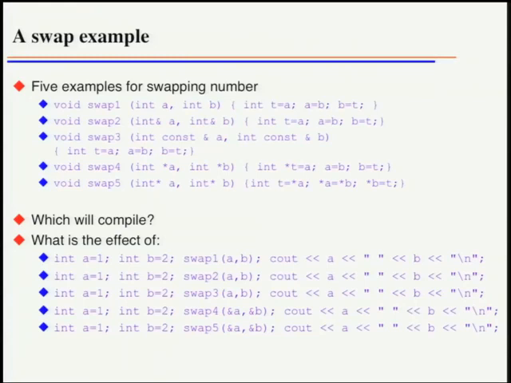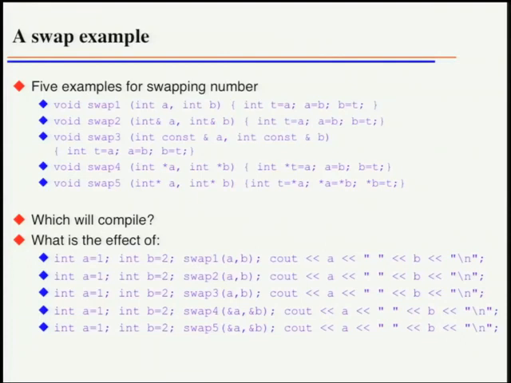Yeah, it will be swapped because we passed it by reference. Exactly. So we pass it by reference, so we could change the variables of the caller. So it will output 2, 1. Swap 3 does not compile, we already know that.